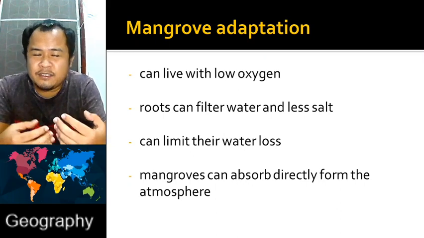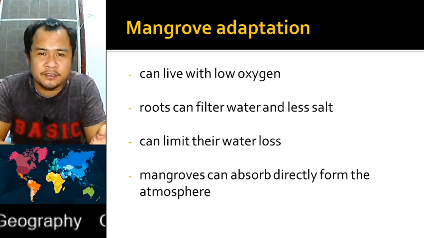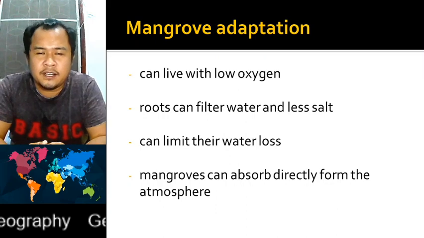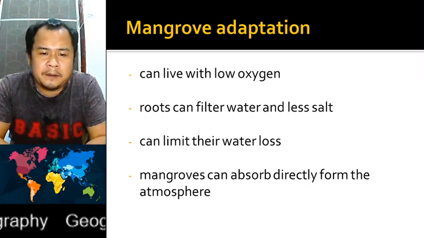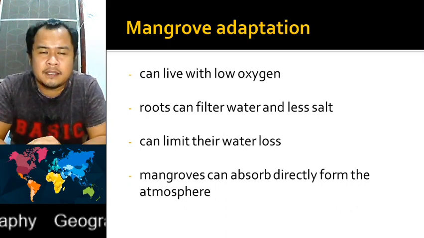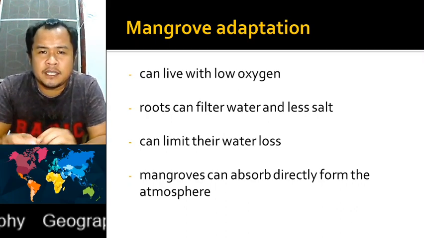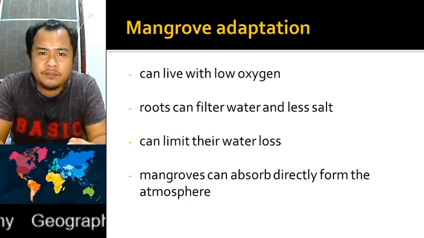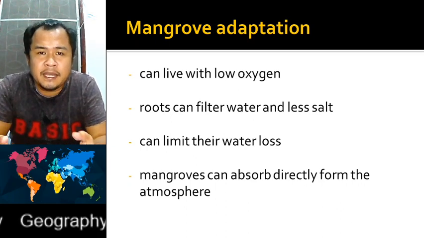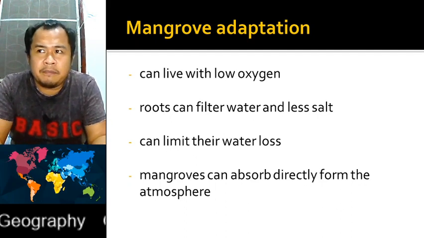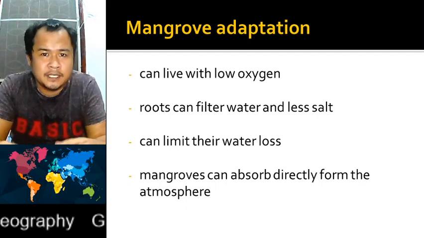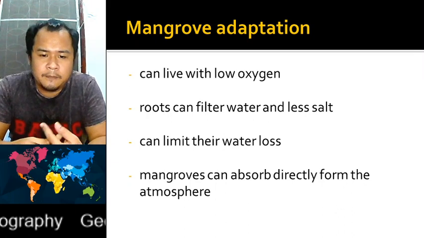So salt is kept out of the plants, and only water comes in because they have special types of roots. They can also limit water loss because the stomata in the leaves can prevent further transpiration. They can have enough water in their bodies and not lose too much.